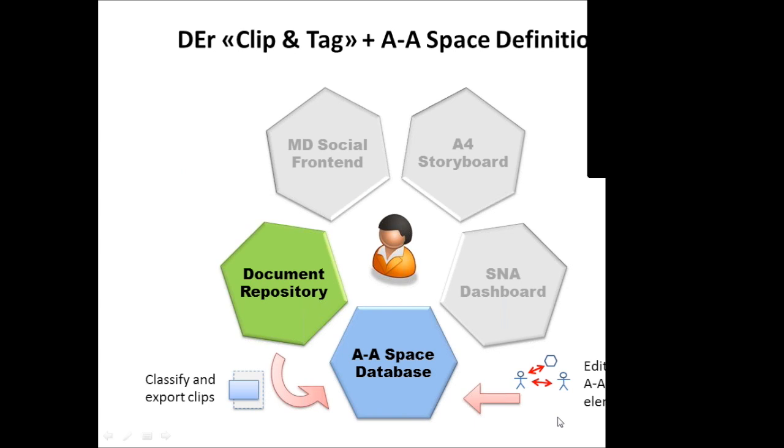And using the document repository in conjunction with the database, the dynamic evaluator can start building a map of the agent artifact space inside the database, editing with an interface all the entities inside the database, and then connecting what the dynamic evaluator believes is a relevant action or relevant agent identity, or the clips that are related to this one.